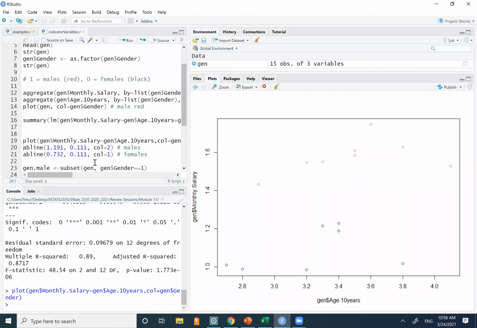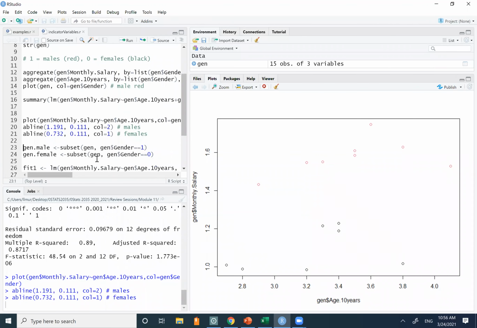If I put those lines on, this is what the multiple regression looks like. They both have the same slope, but their intercepts are different. It's just a shift. Males are up high.